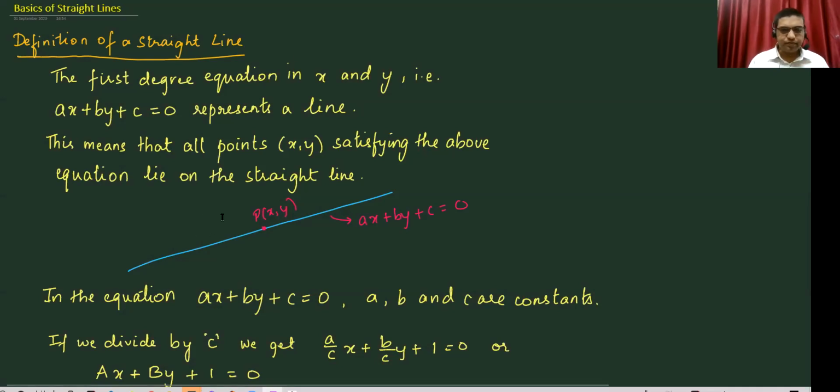So in this equation, ax plus by plus c equal to 0, a, b, c are constants.